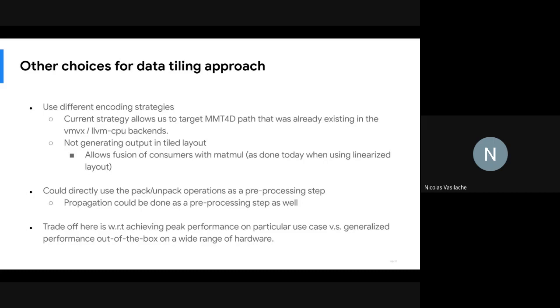One of the downsides that you didn't mention is that with the encoding stuff, either we need to find a way to encode all the data tilings we might want in attributes, or this enum attribute is going to grow and be implementation specific, one case at a time, each time you want to support a new op.